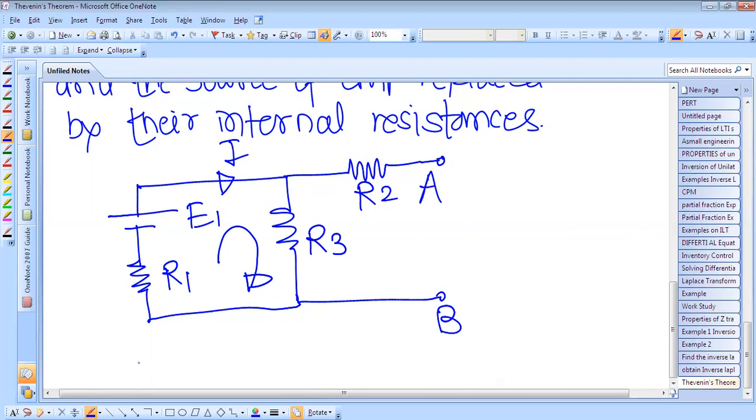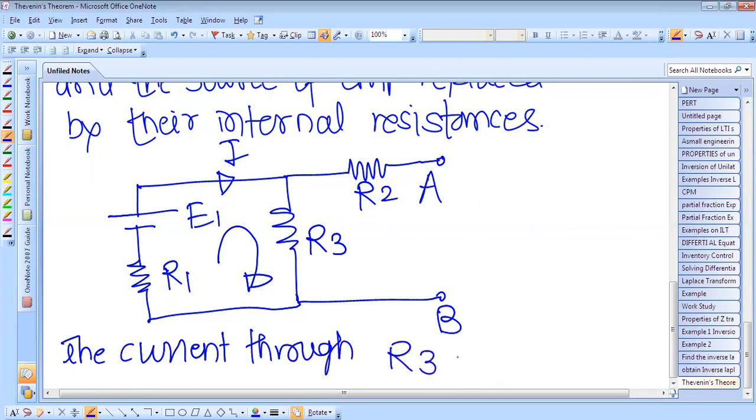So what is the current I flowing through can be calculated. The current through R3 is nothing but the voltage, that is E1, divided by these two resistances, R1 plus R3.